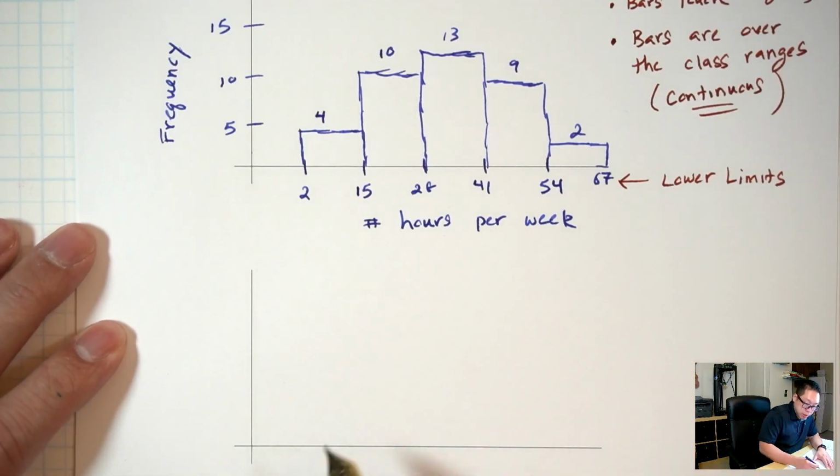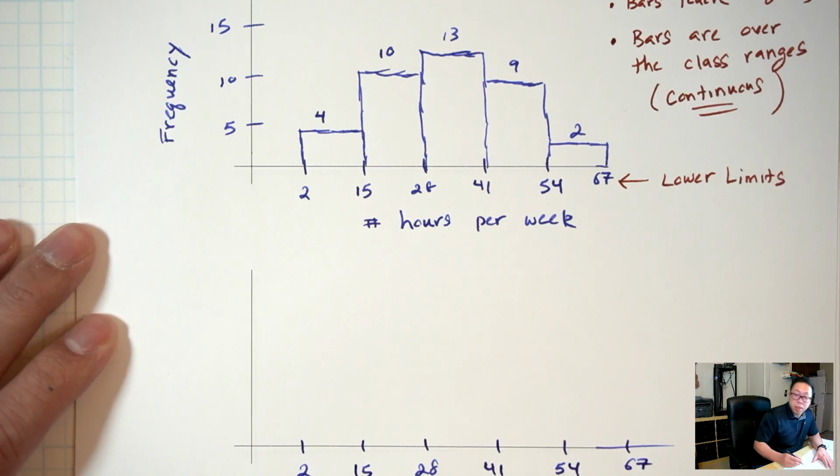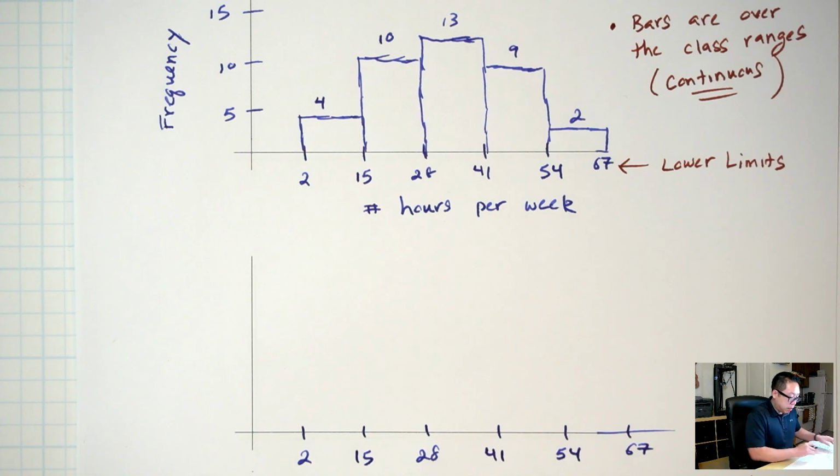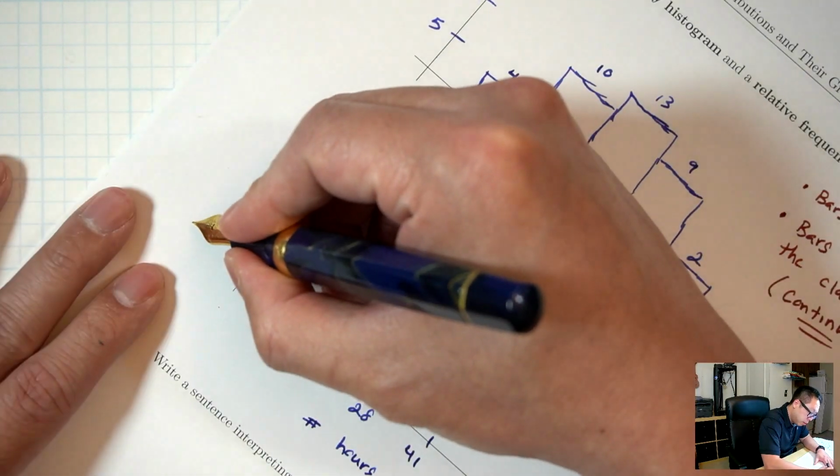It's going to be the lower limits: 2, 15, 28, 41, 54, and then we know that this is now 67. These data represent the number of hours per week that students have been studying. And then I want relative frequency on the y-axis.